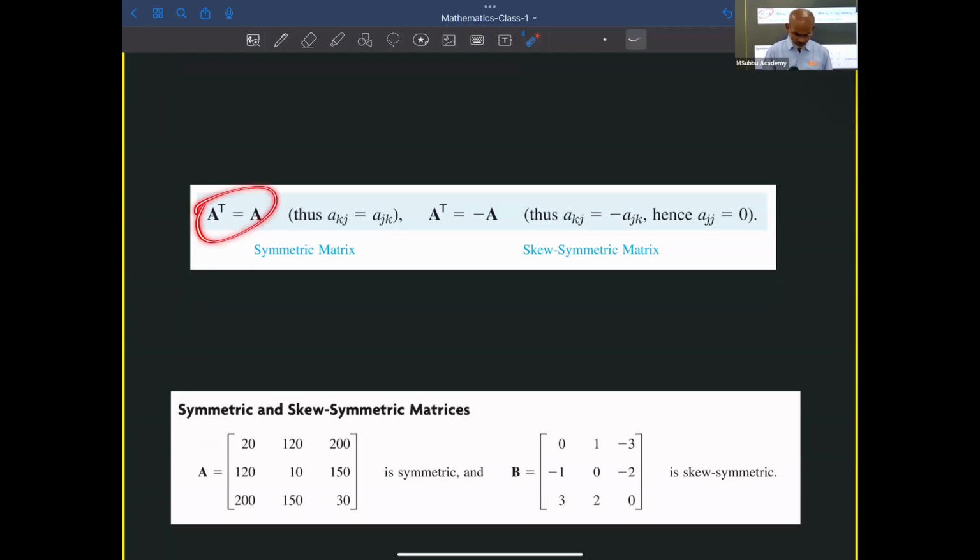For a symmetric matrix, the transpose of the matrix is equal to the original matrix, A transpose equals A. And here the other terminology is skew-symmetric, for which A transpose will be minus of A. In that case, the diagonal elements will be simply 0. Here a kj equals minus of a jk, whereas in the symmetric case it is the same. So this terminology you are supposed to know.